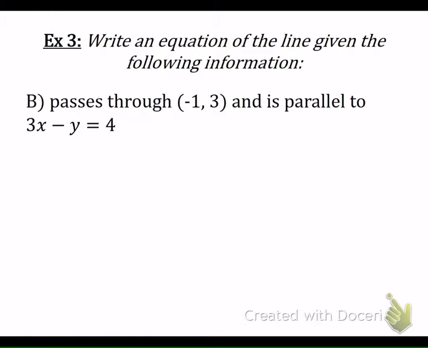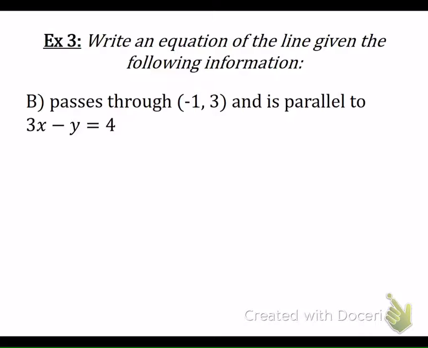All right, next example. So now we're given a point that it passes through, so we're given an x and a y. We're also given a line that is parallel to, however, that line isn't in the right form. So what do I need to do?